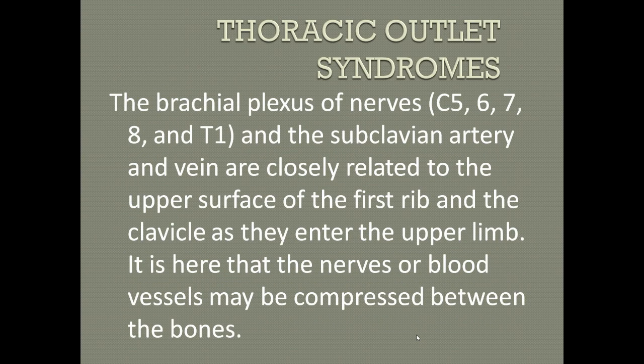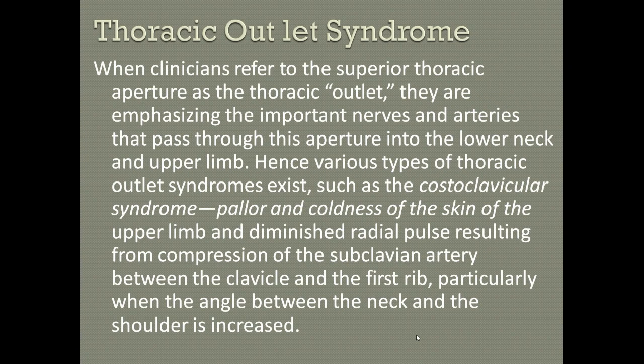Now we will see the thoracic outlet syndrome. The brachial plexus of nerves and the subclavian artery and vein are closely related to the upper surface of the first rib and the clavicle as they enter the upper limb. It is here that the nerves or blood vessels may be compressed between the bones. The thoracic outlet is the superior thoracic aperture, where the important nerves and arteries pass through into the lower neck and upper limb.